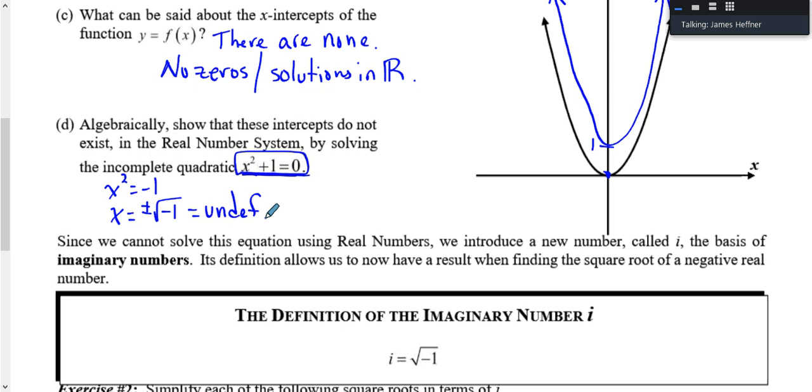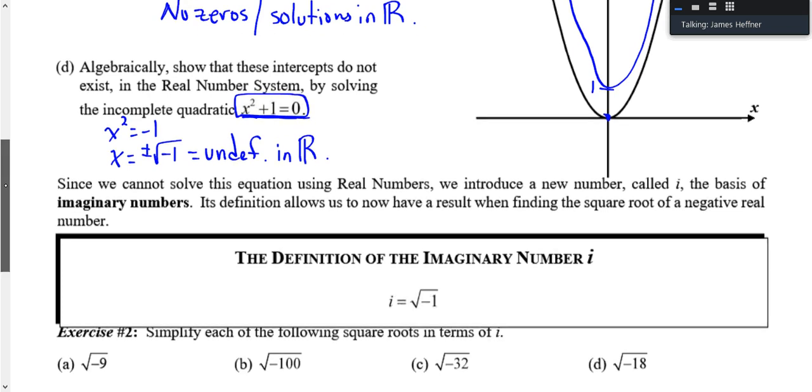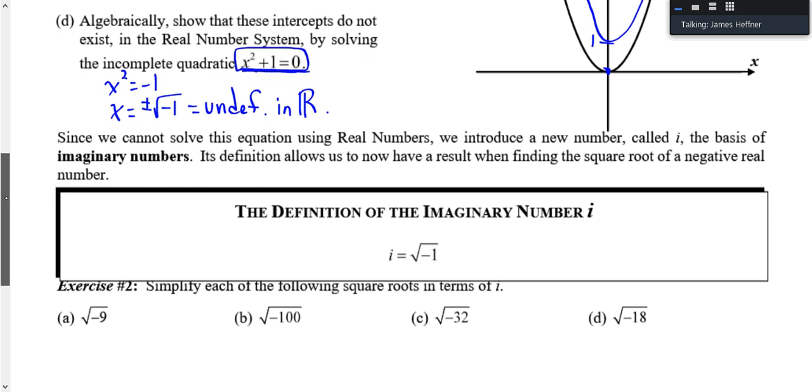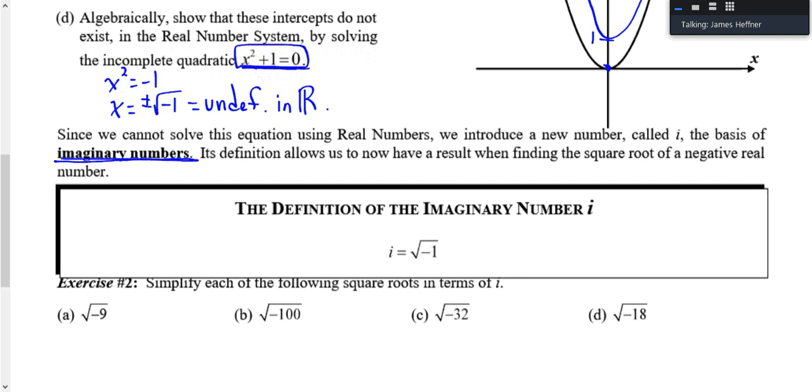It's undefined, let's be specific here, in the real number set. But we can handle that. We need something to equal the square root of negative 1. Well, that would be this letter i. Imaginary numbers. So we can now take the square root of negative 1.